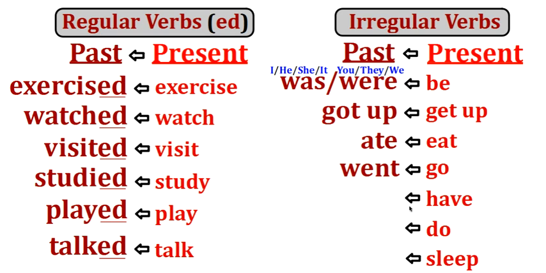Have in the past, had. Do in the past, did. And sleep in the past is slept. Very good. Now pay attention because you are going to hear these verbs in the past tense today.